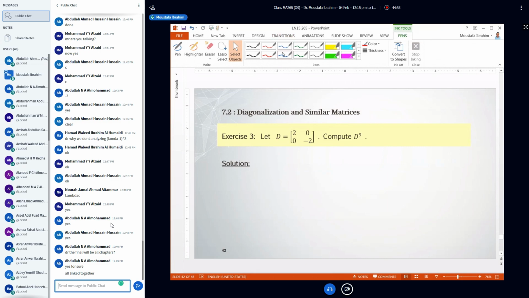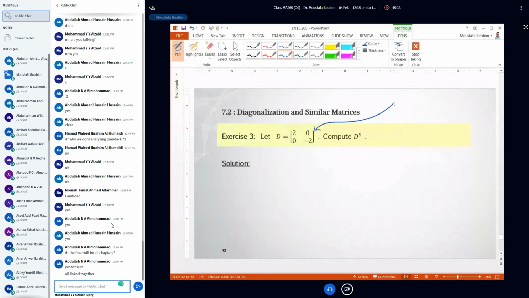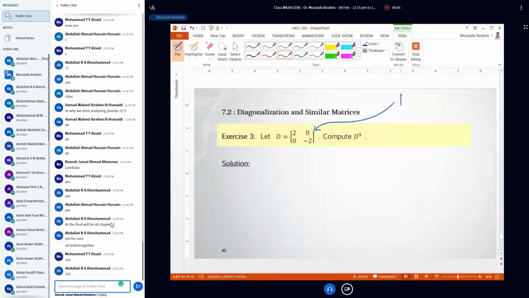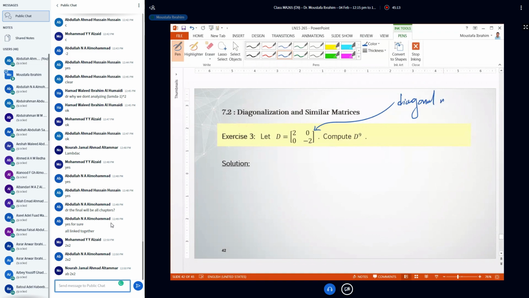Okay, guys. So here, what do we have? We have exercise 3 from the textbook. We have D. What's the form of this matrix, guys? Yeah, 2 by 2, but more important is that it is a diagonal matrix. Look, it's diagonal. We have diagonal entries and everything else 0.